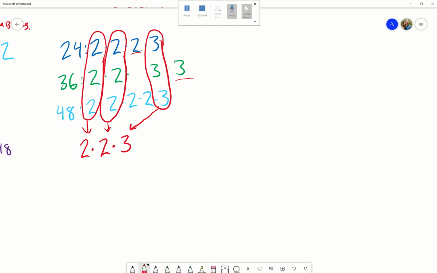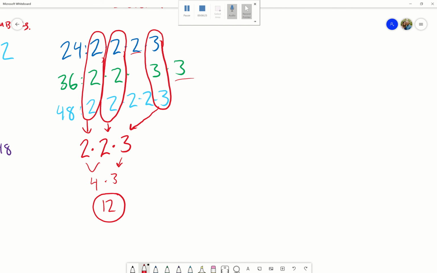So we make each group into one value, and then we multiply all of these together: 2 times 2 is 4. 4 times 3 is 12. And that is the greatest common factor.